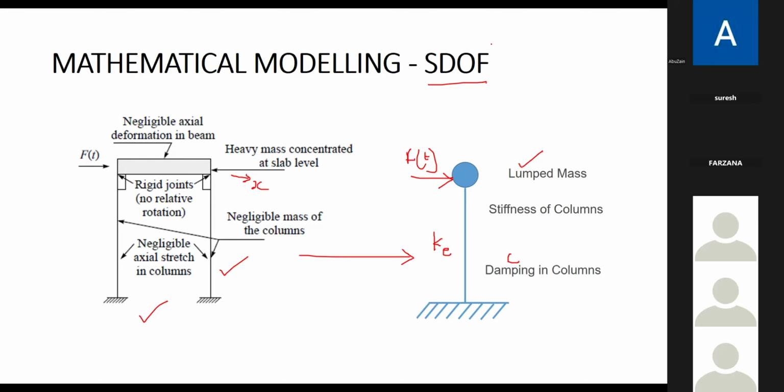This is very important. Why I am calling this a one degree of freedom system is, I have one mass, and this mass is going to move only in this x direction. That is why we call it a single degree of freedom system. Suppose I have two masses, this mass moving in the x direction and this mass moving in the x direction, then we call this a 2 degrees of freedom system.